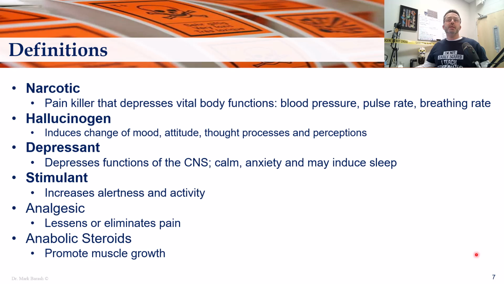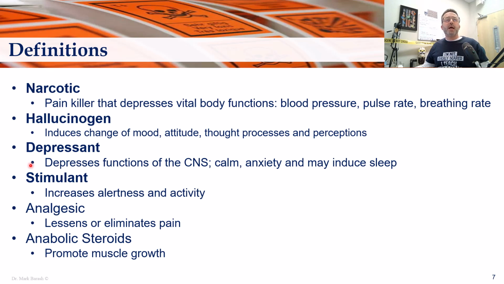The drugs in the hallucinogens category are known to affect the mood, attitude, and perception of reality. Depressant drugs affect the essential functions of the central nervous system, CNS, producing a feeling of calm and reducing anxiety, and may also induce sleep.